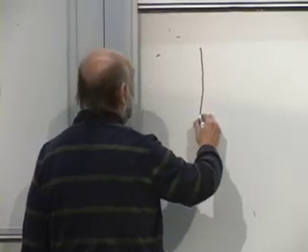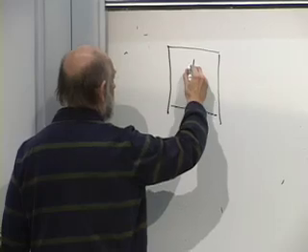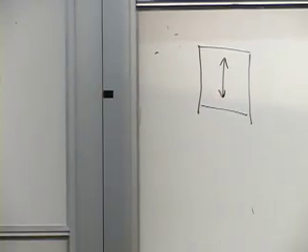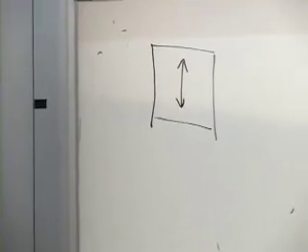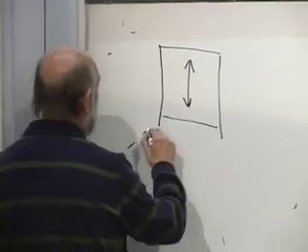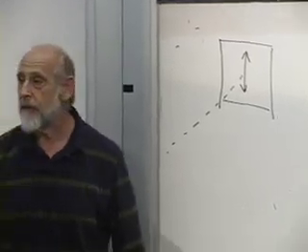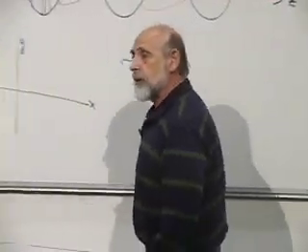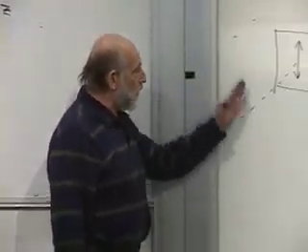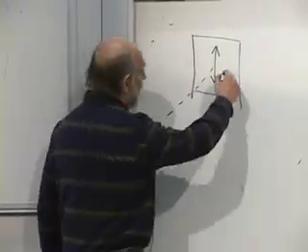If we take a polarizer, let's draw the polarizer this way. This means that it transmits vertical polarization. And we send just a single photon through there. The single photon may or may not pass through. If it happens to be a photon which is associated with an electromagnetic wave with vertical polarization, it will pass right through, come out the other side.